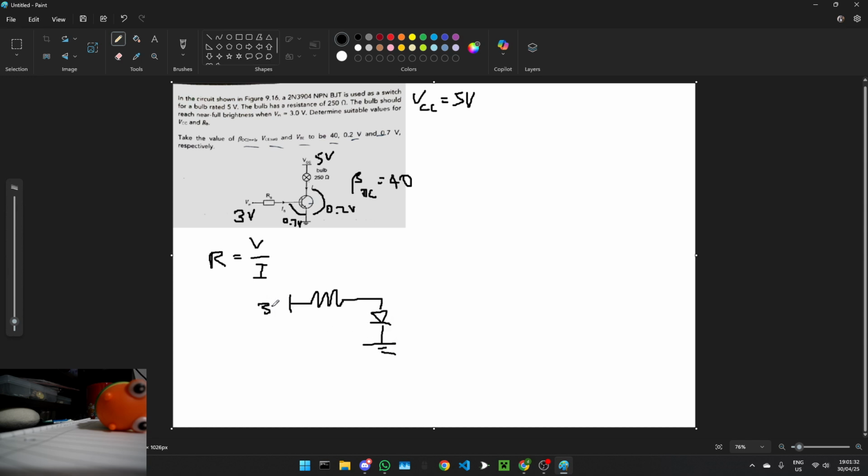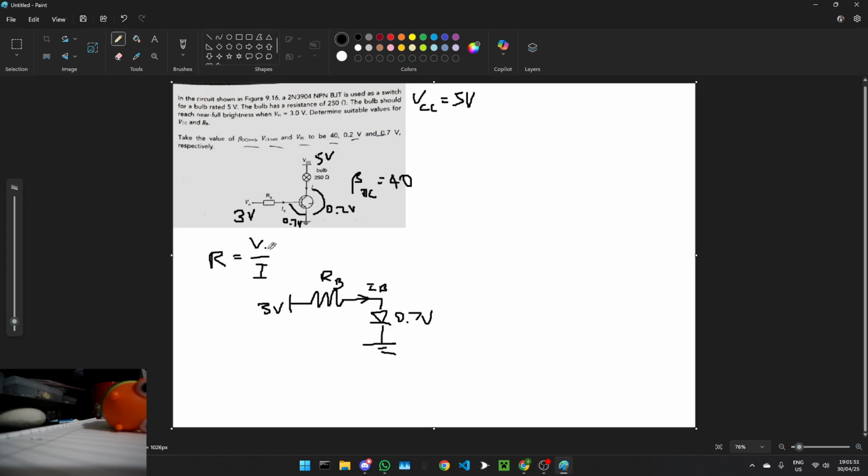So 3 volts, RB, this diode that is 0.7 volts, and then we have the current here, which is IB. And we want to find RB.